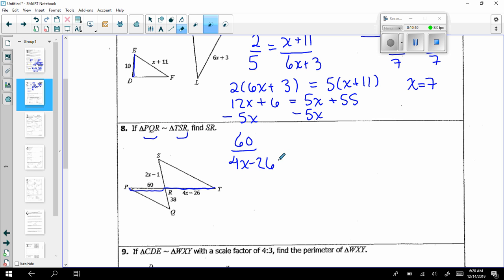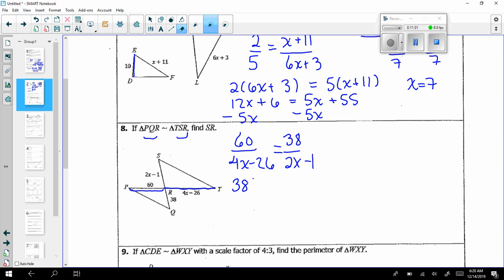Now, if you guys are getting really ambitious, you could probably reduce this a little by dividing everything by 2, but let's just go with the flow here. So then we're going to just go ahead and do 38 divided by 2x minus 1. And now we cross multiply.